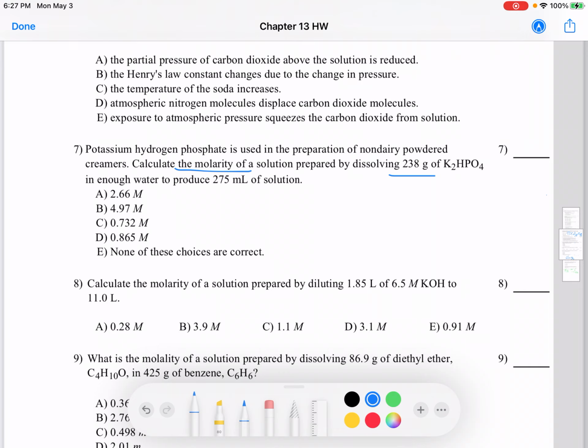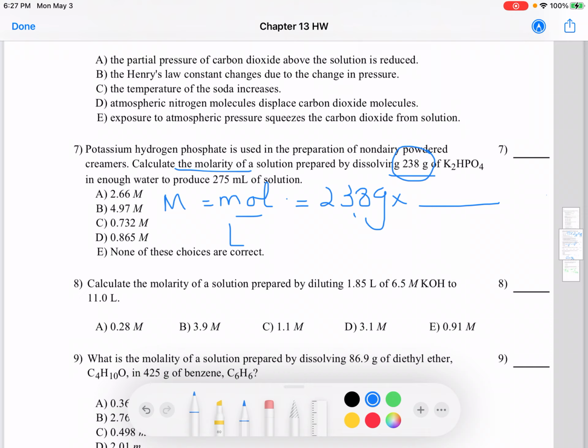Molarity, not molality. We know molarity equals moles over liters. We have done so many questions similar to this in Chem 1, right? We are given grams, 238 grams, and we need to convert it to moles.